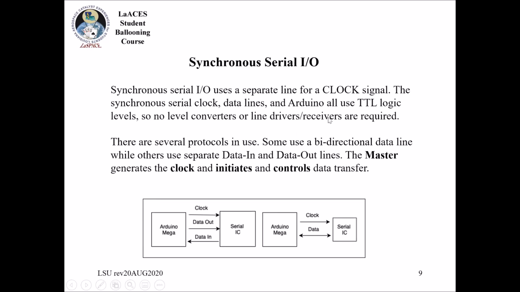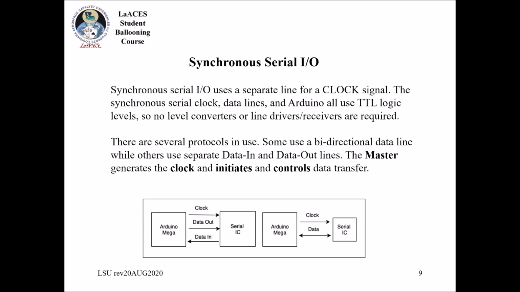Okay, so what does that really mean, and what was the previous one? Whenever we are hooking up two devices, we need to ensure that those voltage levels match. Whenever I looked at the data sheet, this particular device uses 5 volt logic, or operates at 5 volts.